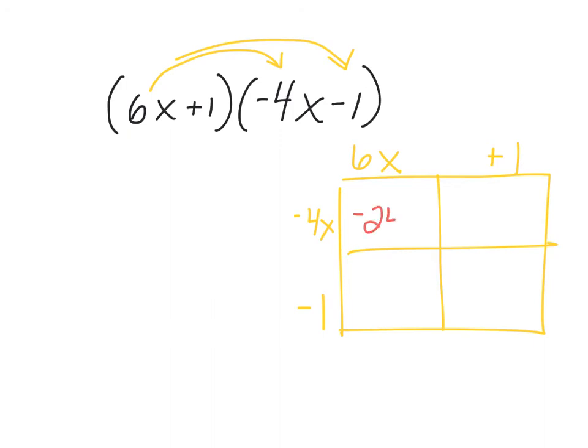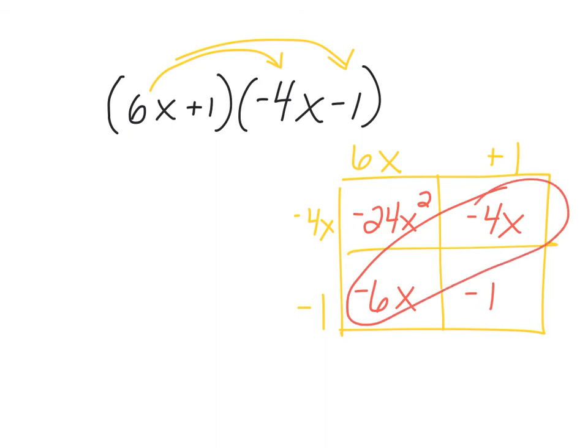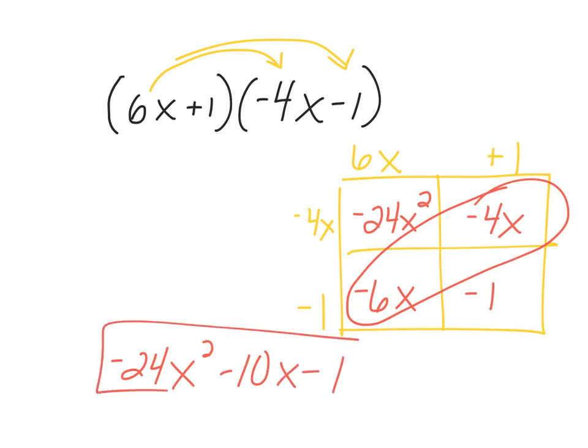And if you're doing the box method, it goes here. Negative 4x times 1, 6x times negative 1. And negative 1 times positive 1 is negative 1. Now, notice on the diagonal, I have my like terms, gives me negative 24x to the second minus 10x minus 1.